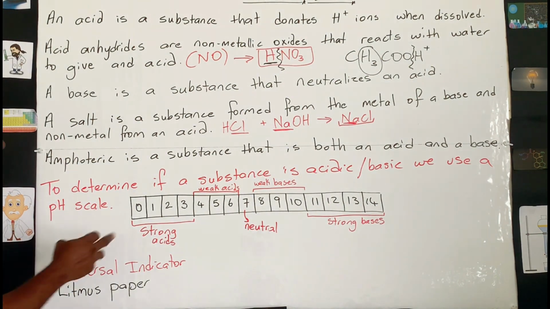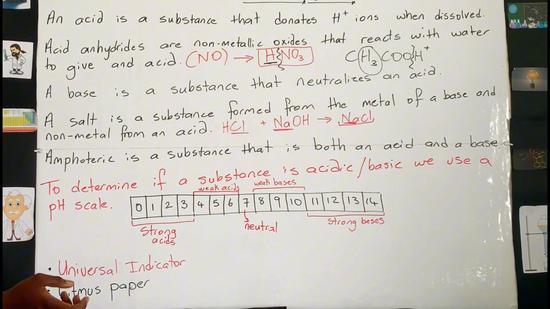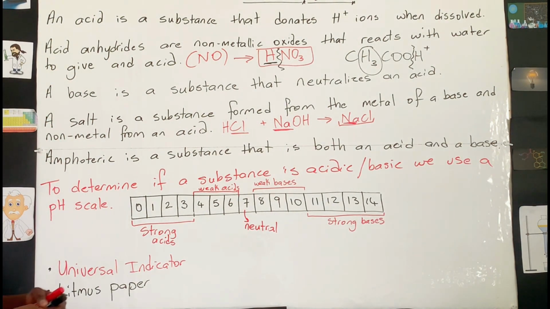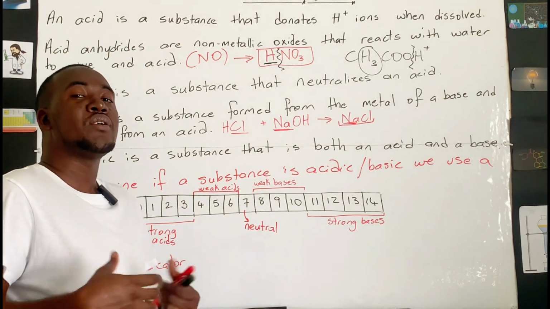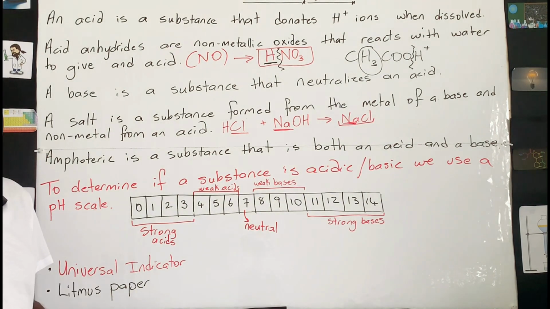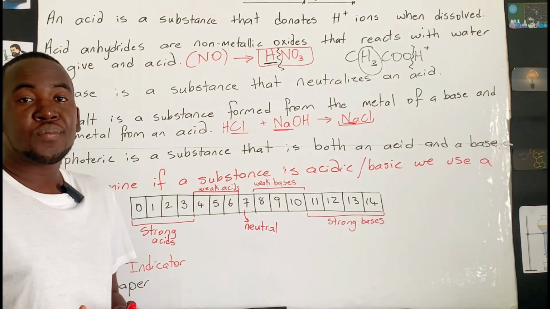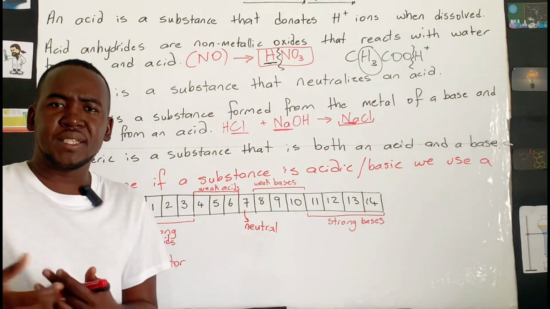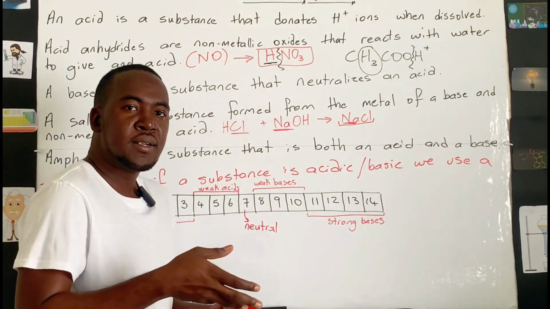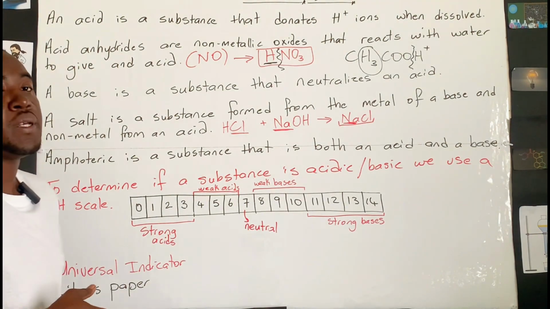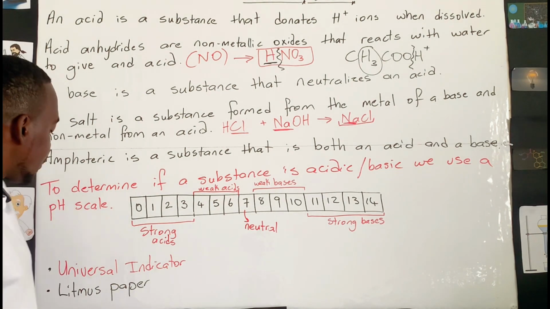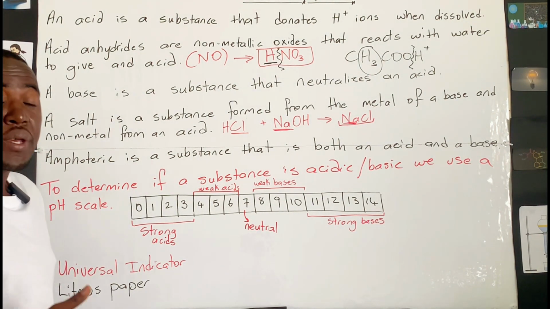Remember I said each number has a unique color. That unique color is important because it can tell us whether it is a strong acid, a weak acid, a strong base, or a weak base, based on the use of a universal indicator. An indicator is a substance we use to distinguish a specific class: is it acidic or basic? A universal indicator is one way of finding out.